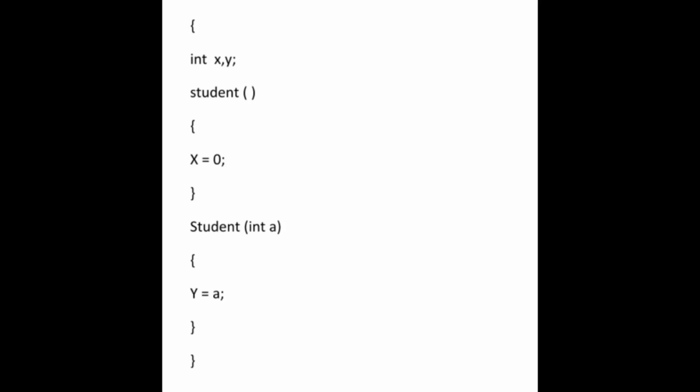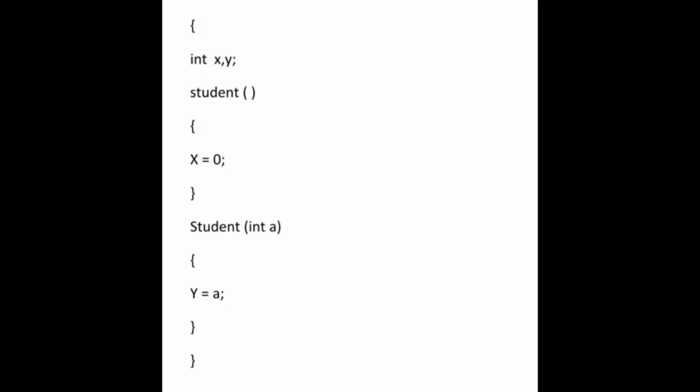The class name is Student, and the parameterized constructor also has the same name as the class, that is Student. So Student(int a), that means if there are parameters inside the brackets, that type of constructor is considered a parameterized constructor.